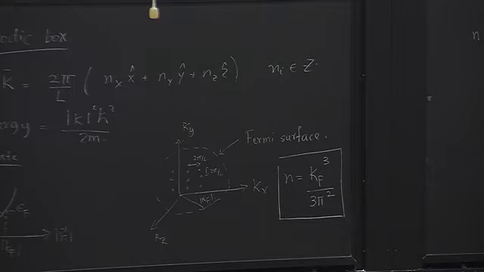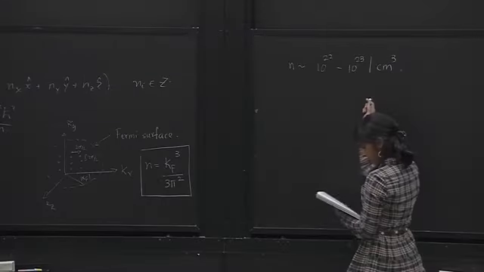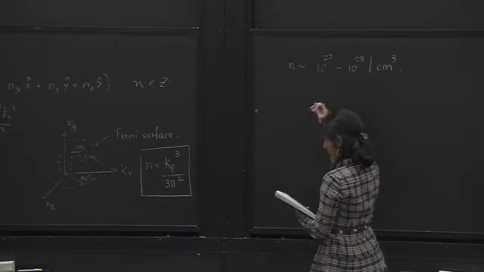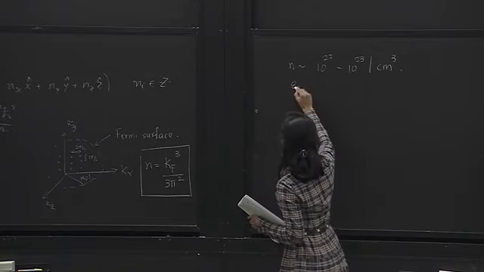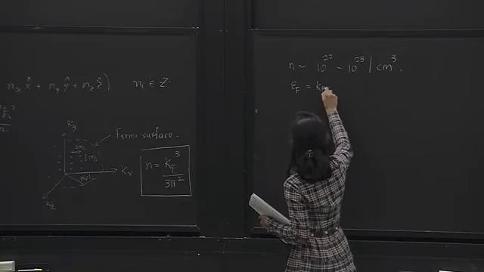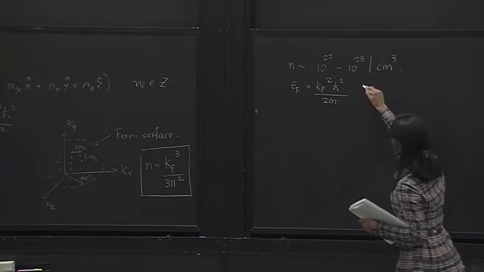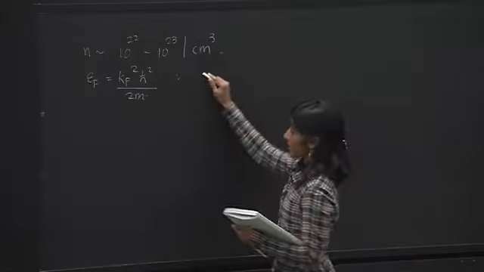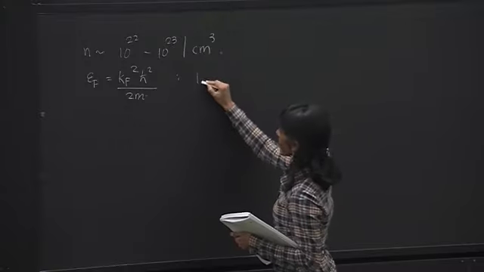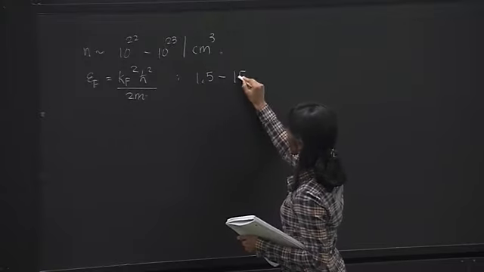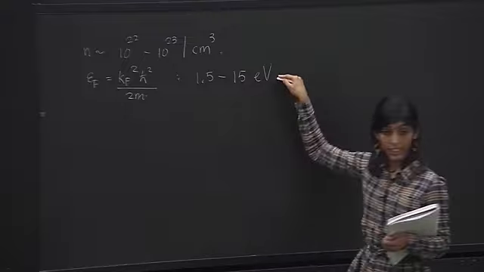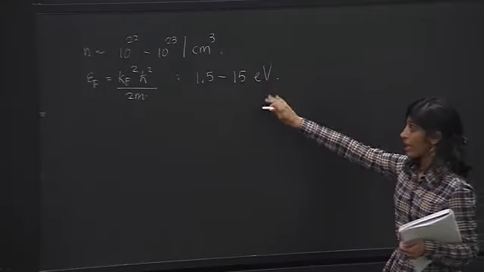So I told you the density, so we can just plug it in here, and figure out what kf is and what epsilon f is. Epsilon f is nothing but h bar square kf square over 2m. So in a typical metal, this is anywhere between 1.5 to 15 electron volts, okay?